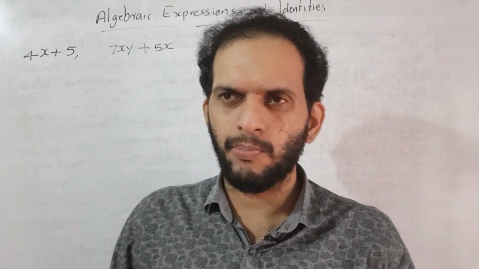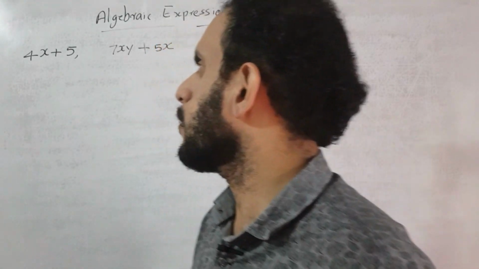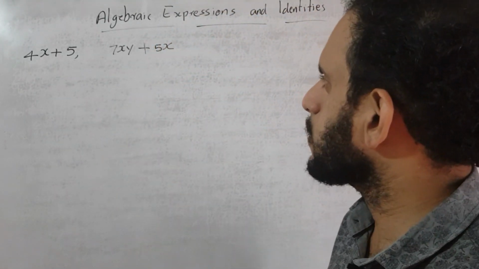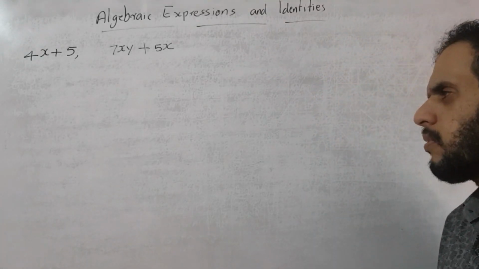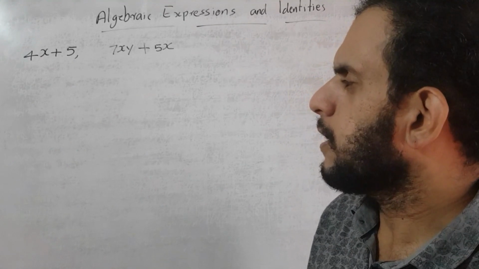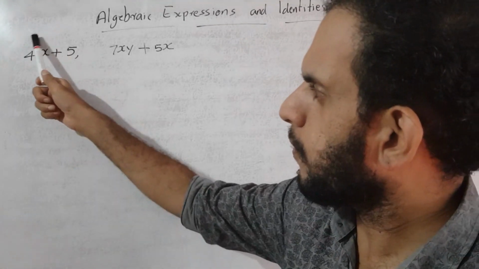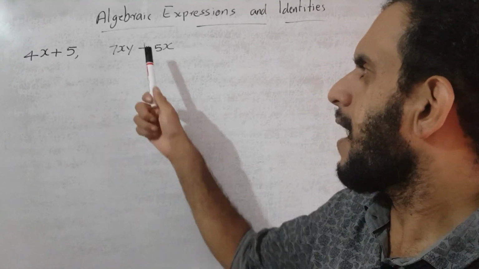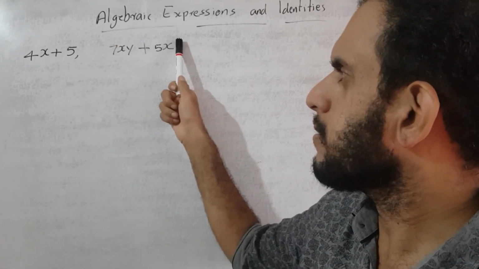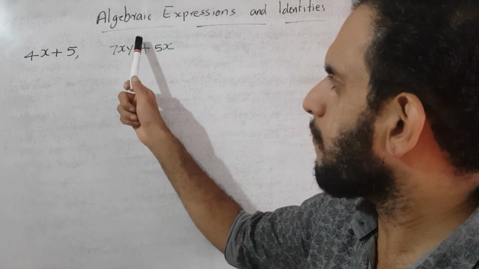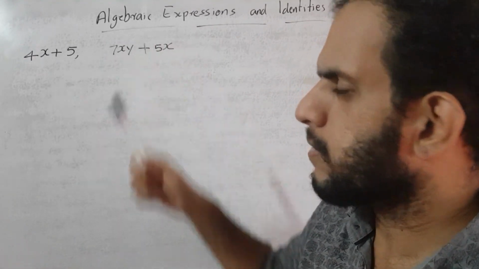Here we wrote two expressions, 4x plus 5 and 7xy plus 5x. In 4x plus 5, we use 4x and 5 and we add them, correct? And 7xy plus 5x, how do we form this expression? Here we add 7xy and 5x.